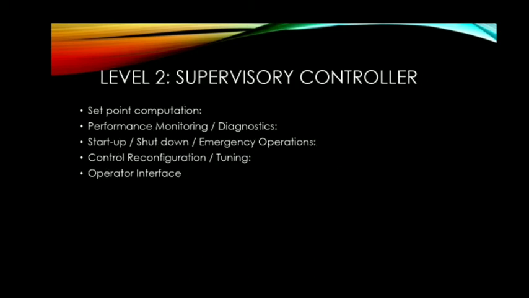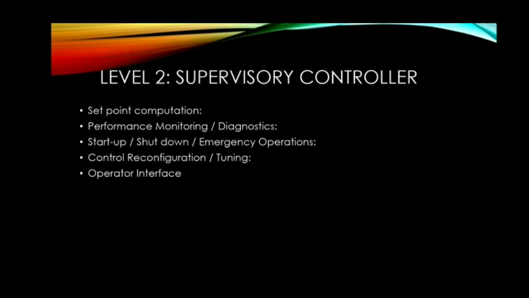Level 2, supervisory controller. Supervisory control systems perform, typically, the following functions: set point computation. Set points for important process variables are computed depending on factors such as nature of the product, production volume, mode of processing.